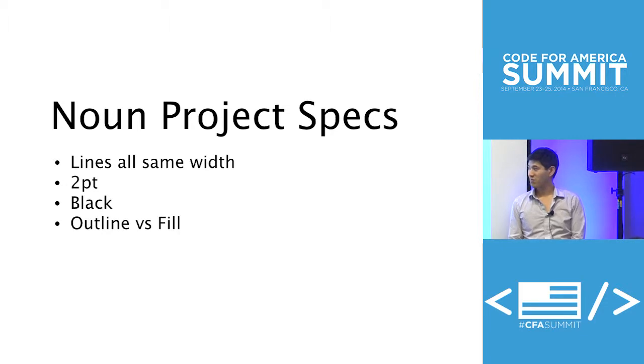They recommend 2-point width when you're doing your vector, and then all black is good. Also, when you're making it, consider whether you're going to do an outline or fill it in. Two different techniques. So with that, I think we can totally get to working.